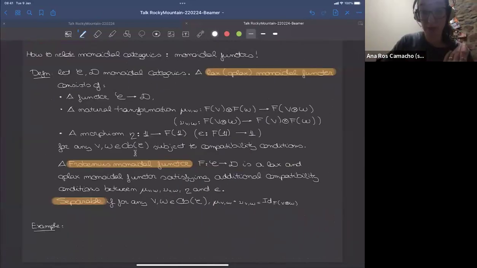You do this through functors, but then we want to actually preserve a certain amount of structure in here.